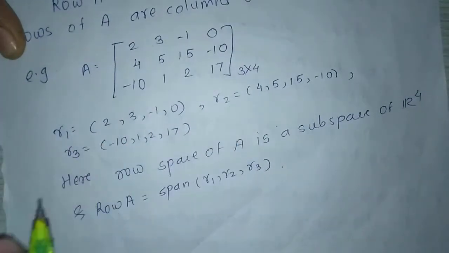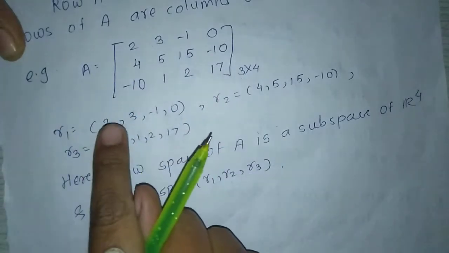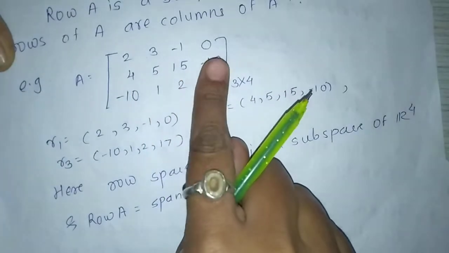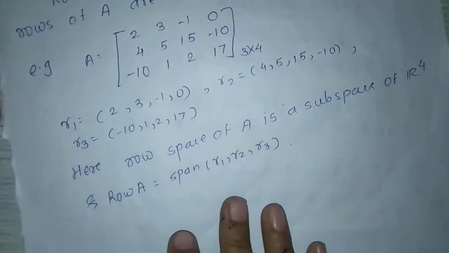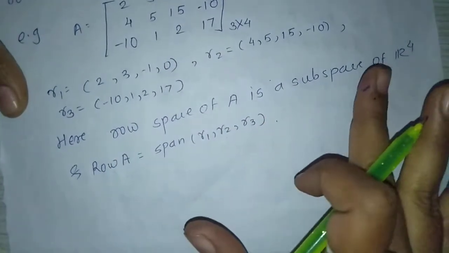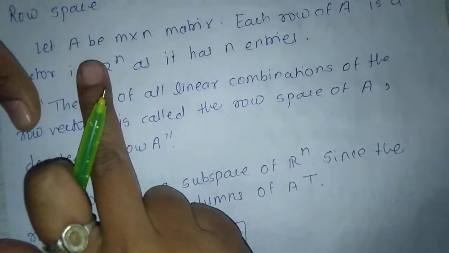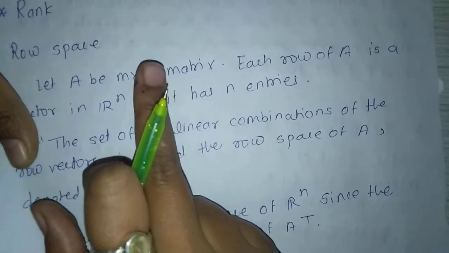R1, R2, R3 are nothing but the rows of the 3 by 4 matrix. R1 is 2, 3, minus 1, 0; R2 is 4, 5, 15, minus 10; R3 is minus 10, 1, 2, 17. Here, row space of A is a subspace of R4, because if we have an m by n matrix, then row space of A is a subspace of Rn.